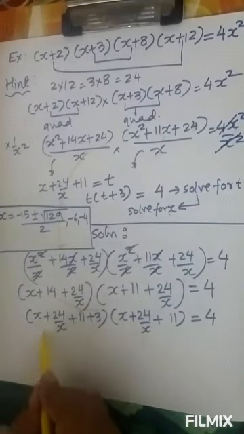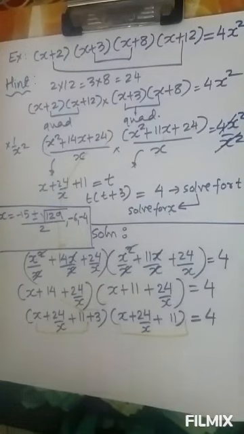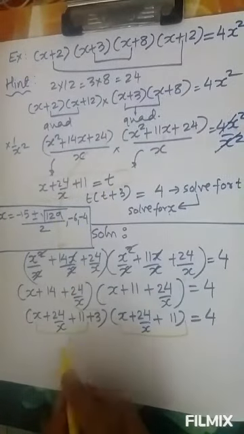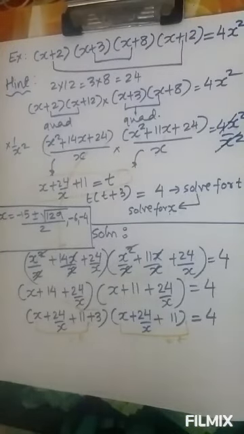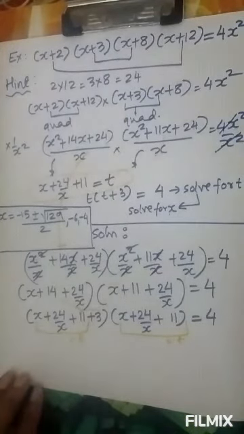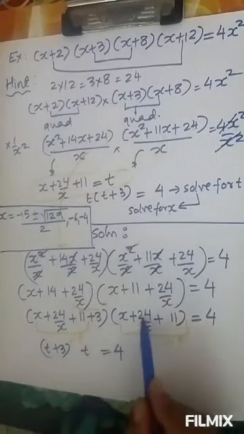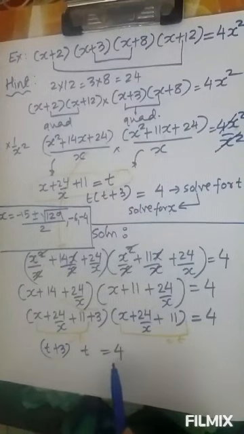So now as you can see, x plus 24 by x plus 11, x plus 24 by x plus 11 is the same in this, which we can assume as t. So when you assume this as t, what happens in the next step is this. Okay, so this whole thing is t, this is t plus 3 into t equals to 4.